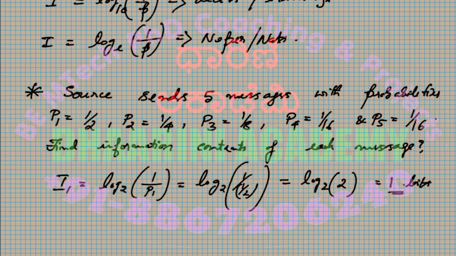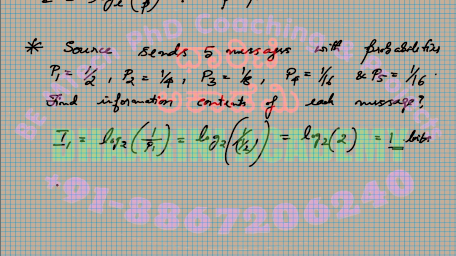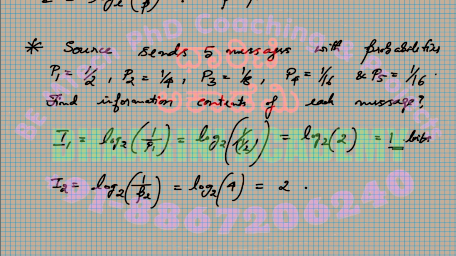Are you fine with this? So like that, we need to calculate the others. I2 is equal to log to the base 2 of 1 by P2. I can see that P2 is 1 by 4. So log to the base 2 of 1 over 1 by 4 is log to the base 2 of 4, which is 2. 2 bits of information.